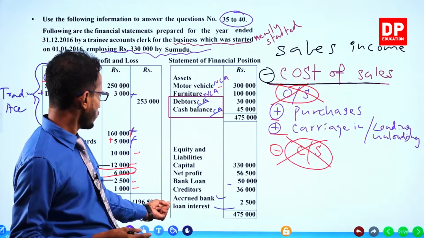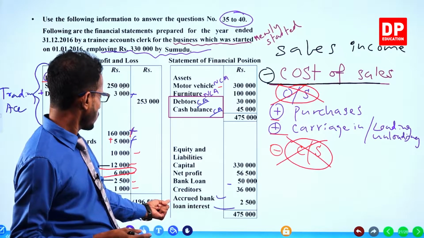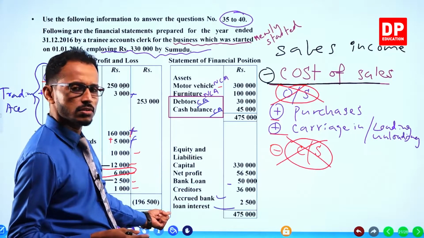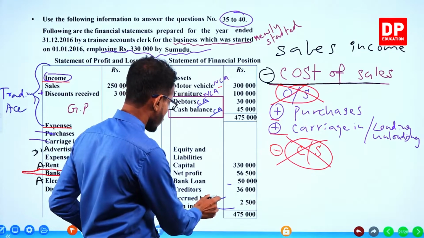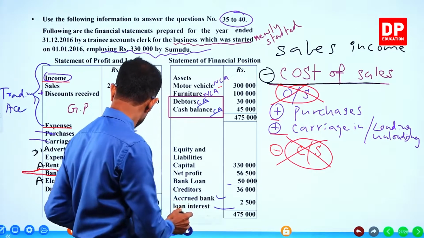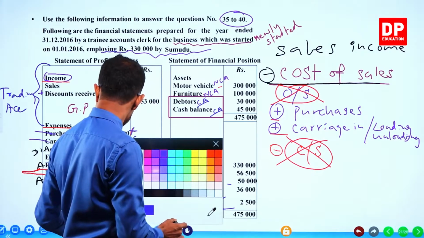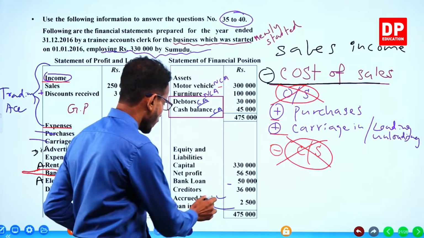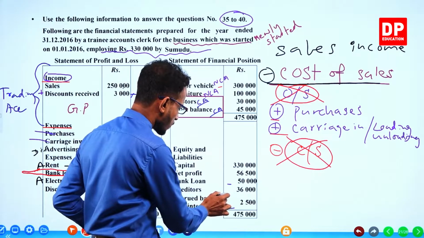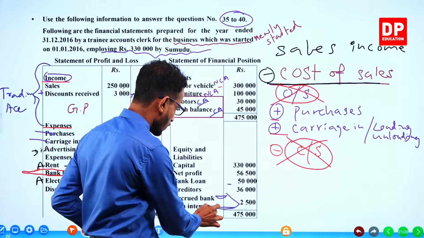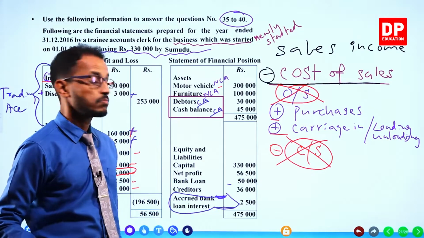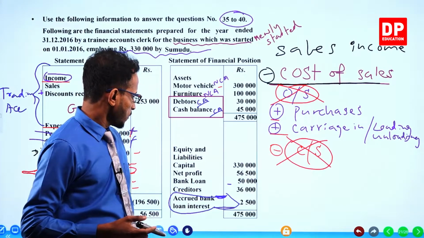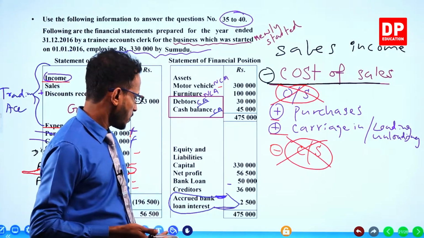Yes, it's here, see. Accrued bank loan interest is here. Accrued means not paid, unpaid.